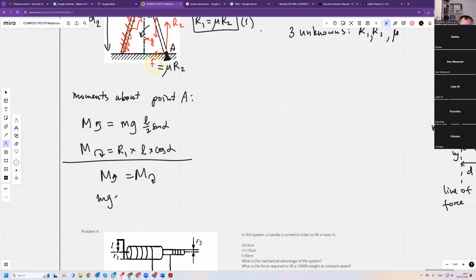That means mg L over 2 sine alpha equals R1 L times cos alpha. So what can we cancel? L cancels. So R1 is equal to mg over 2 multiplied by tan alpha.